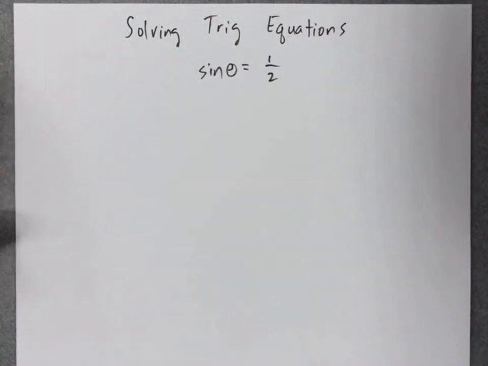And by the way, in solving trig equations, the angles we're looking for are going to be in radians. So for now, none of these problems will be solved in terms of degrees, but we will give the answers to the angles in terms of radians.